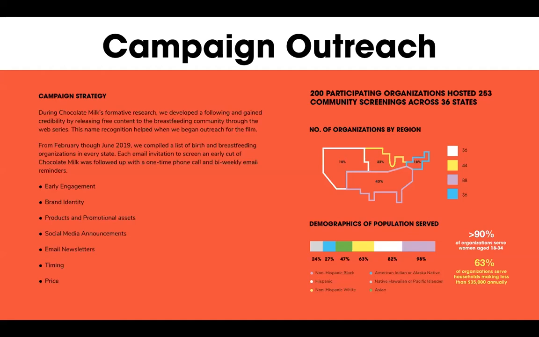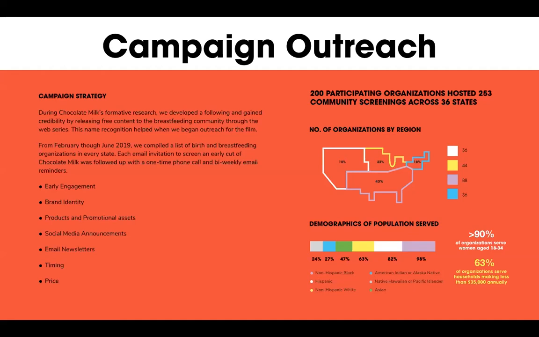The demographics of the population that these organizations served was 98% African American, 82% Hispanic, 63% white, 47% Asian, 24% Native Hawaiian and Pacific Islander, and 27% American Indian or Alaska Native. So we actually did have some Native American organizations, or American Indian organizations rather, participating.